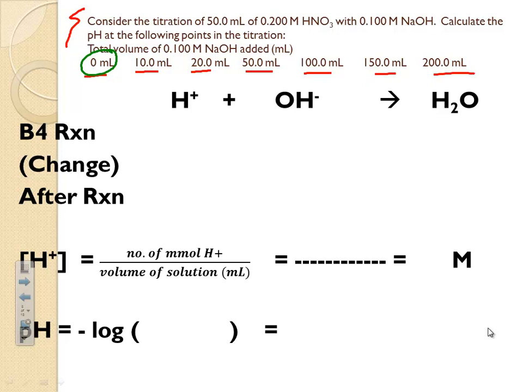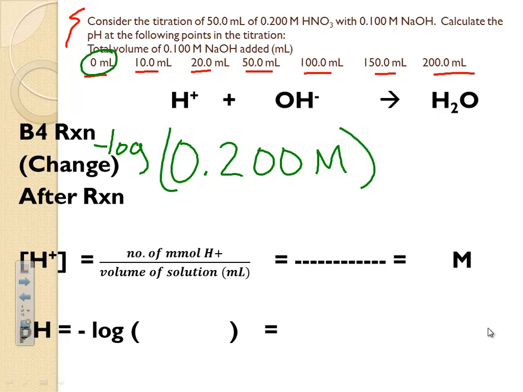So all you really need to do for that one is take its molarity, take the negative log of it, because that's also going to be the molarity of the H+, and that's going to give you a pH of 0.7. Okay, so that's the first one. See if I can actually write that up here. 0.7. So that's our first answer.